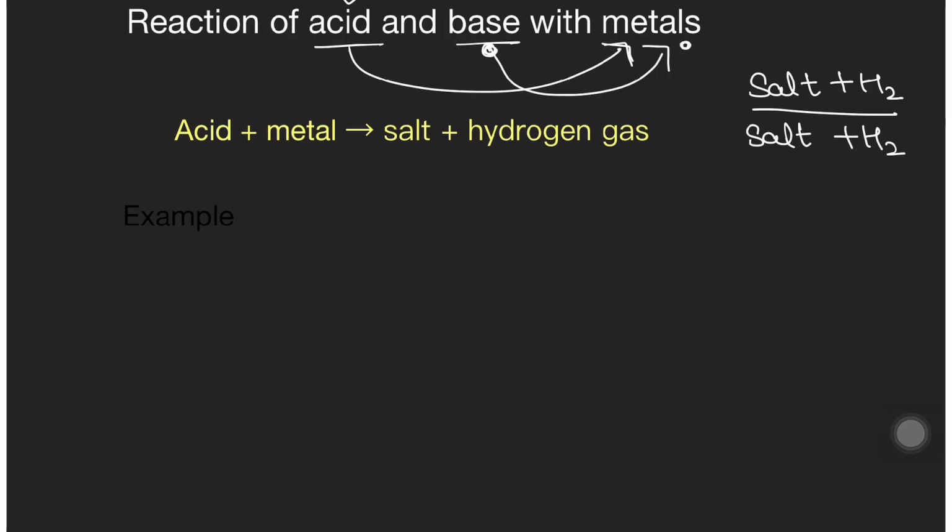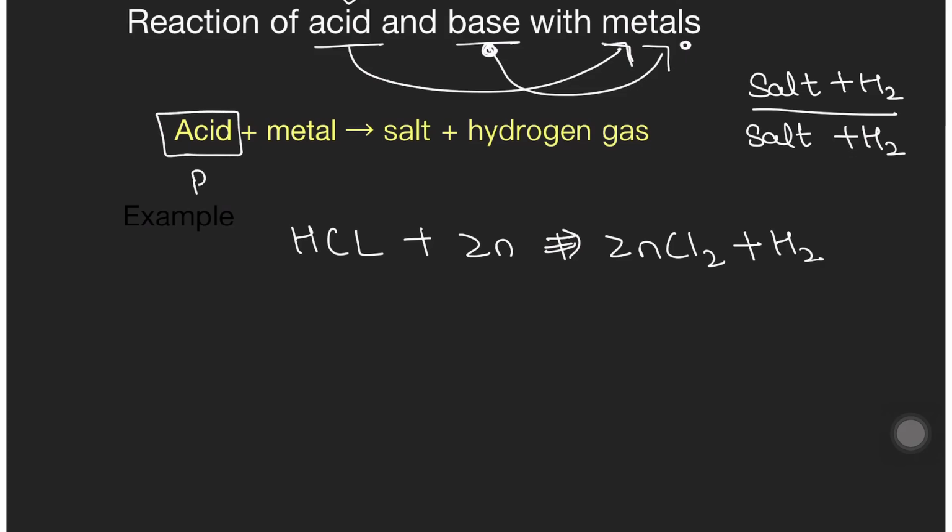Now let's take an example of an acid combining with a metal. Any acid, let it be hydrochloric acid, HCl. When it combines with a metal, let's say zinc, it will produce a salt and hydrogen gas. The salt will be zinc chloride, and hydrogen gas will be evolved.